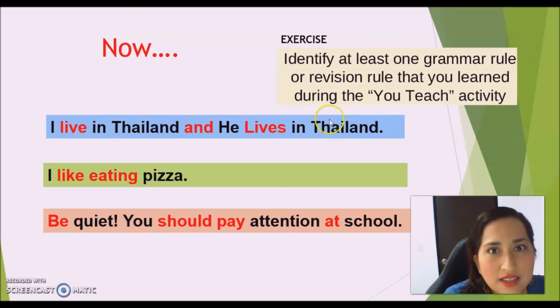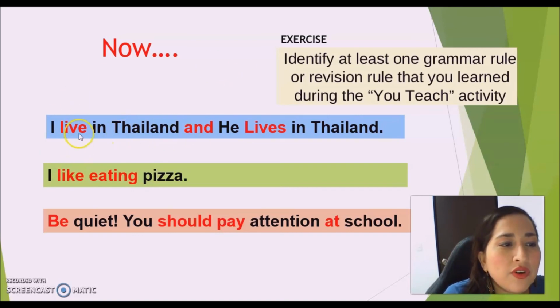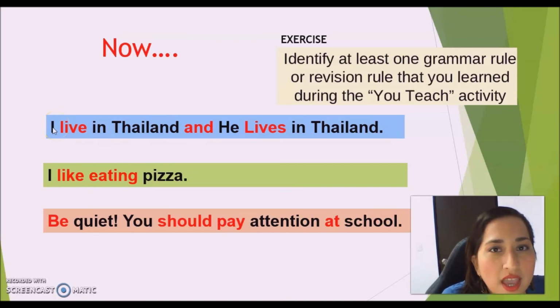In this sentence, we have the present simple rule. When we use I, we, they, you can use the normal verb, live. But when we use third person, she, he, it, you have to add this rule.